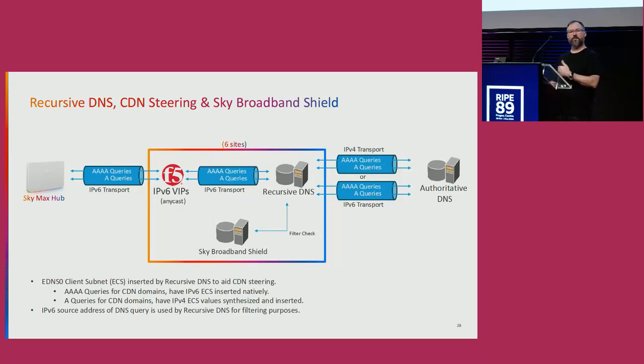It does that logic I just mentioned. It checks the query type: if it's for a quad A, it'll just insert the v6 ECS value as normal. But if it's an A record query, then it will do a lookup internally. It'll try and find out the MAP-T IPv4 address that that customer is using, and it'll synthesize that IPv4 ECS value before forwarding it up.